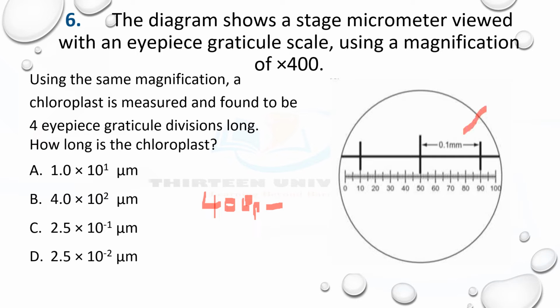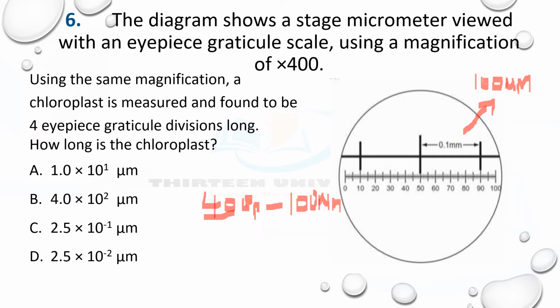If you convert it to micrometers, you multiply by 1000, which gives us 100 micrometers. So this is 40, because from 50 to 90 is 40 eyepiece graticle divisions, and it gives us 100 micrometers in length. The measurement is in micrometers.